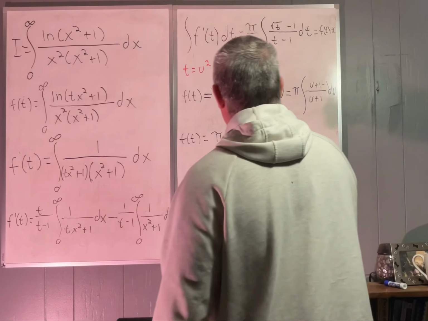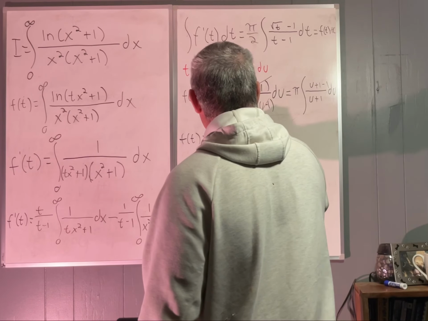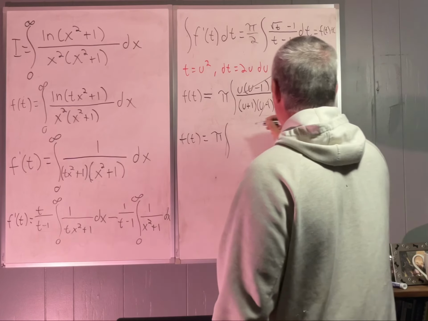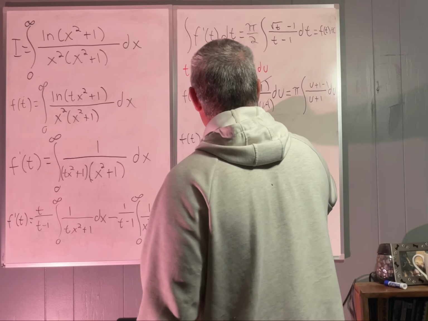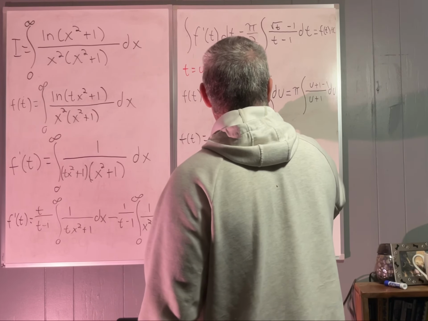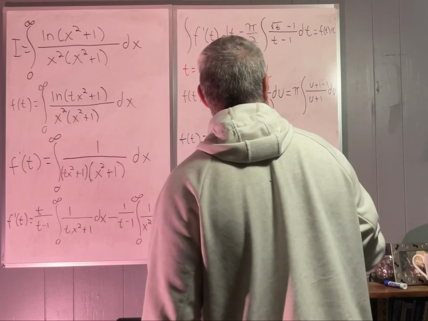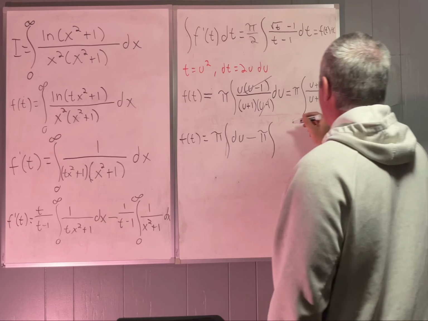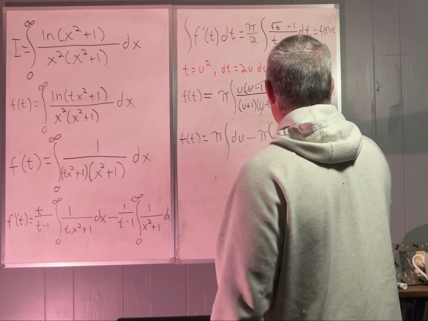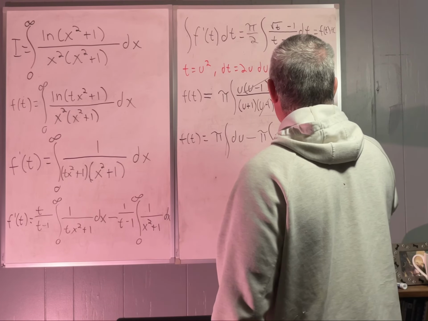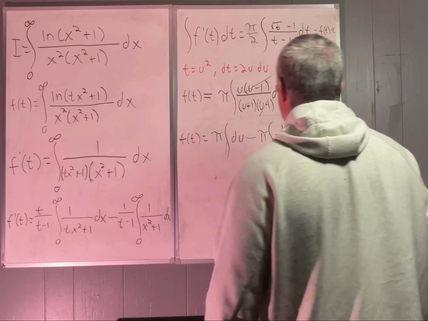So this just becomes f of t equals the indefinite integral of du minus pi times the indefinite integral of 1 over u plus 1 du.